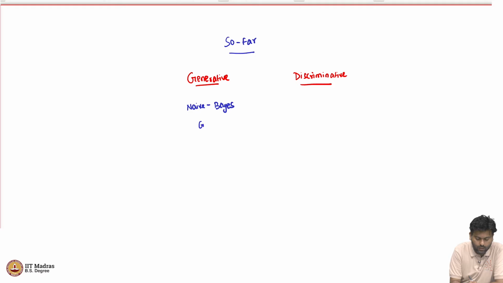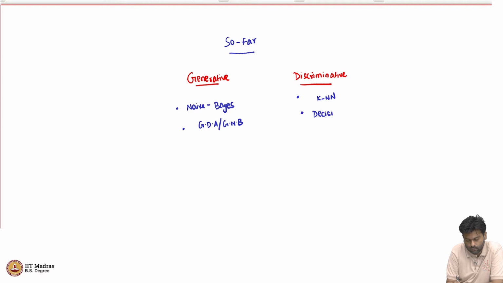We looked at the Gaussian discriminant analysis or Gaussian naive Bayes. Here the idea was, you assume a probability of x comma y somehow, and then you try to estimate the parameters.